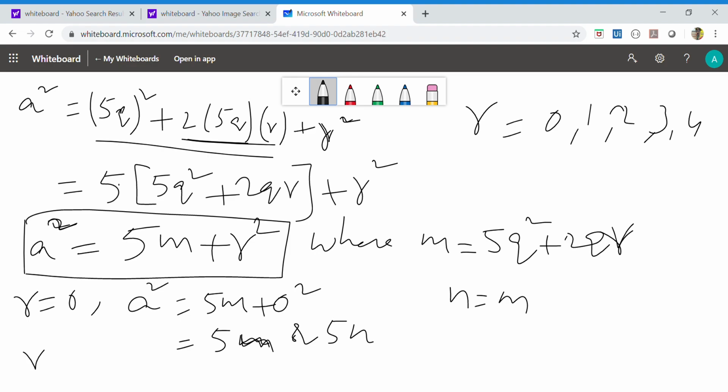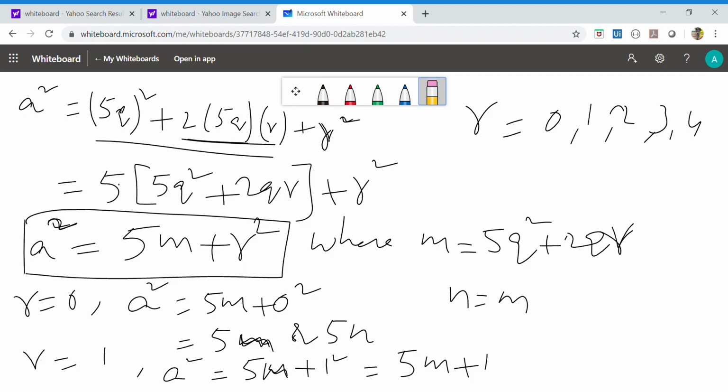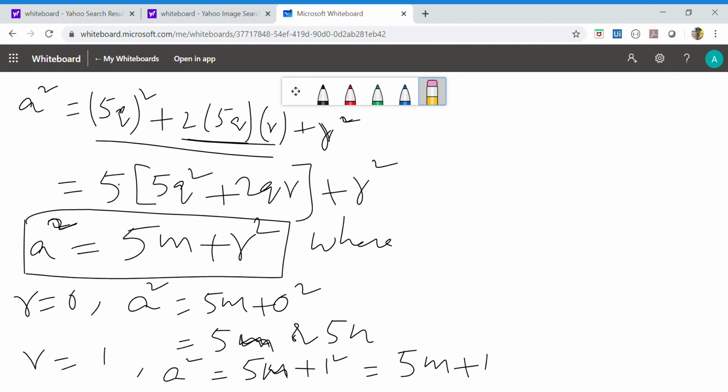Next, r is equal to 1, what will you get? a square is equal to 5m plus 1 square, where here also I take n equal to m, both are same. So you will get a square is equal to 5n plus 1.